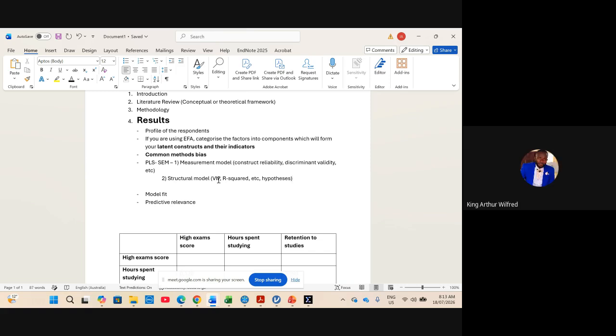I was saying that during the discussion stage, you have to be explaining the results from your construct reliability, discriminant validity, and all those things.